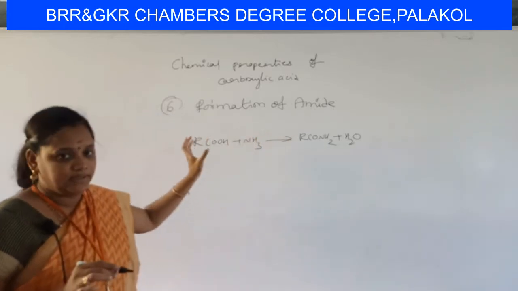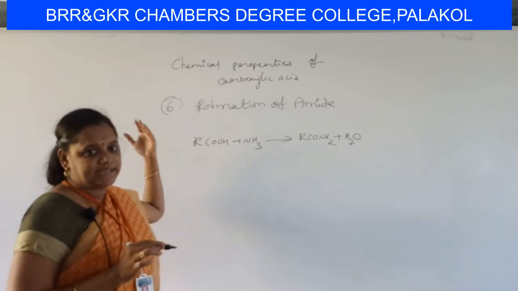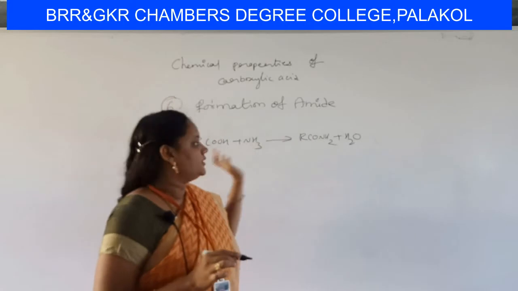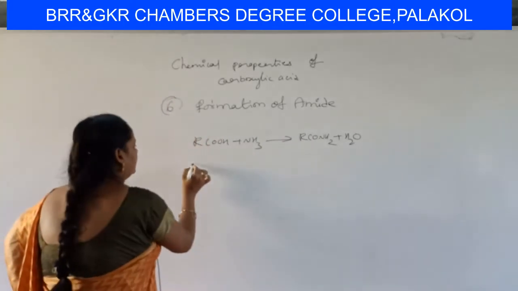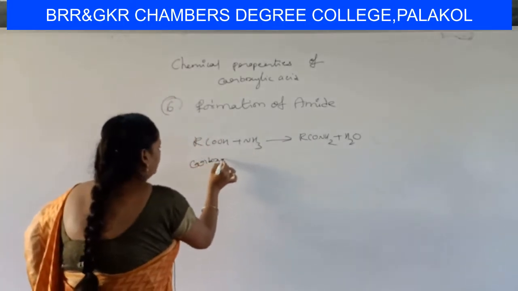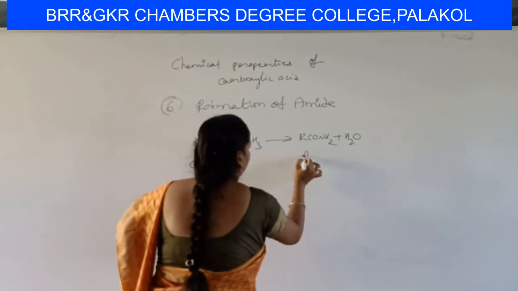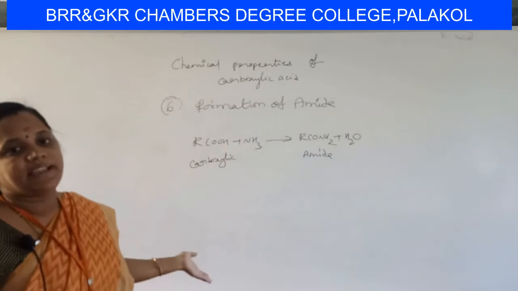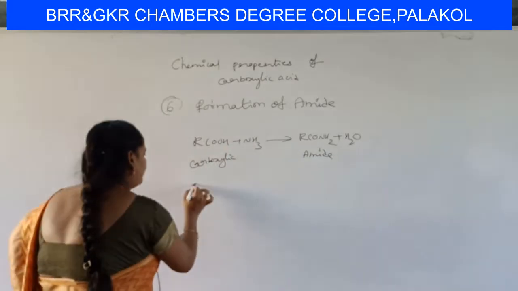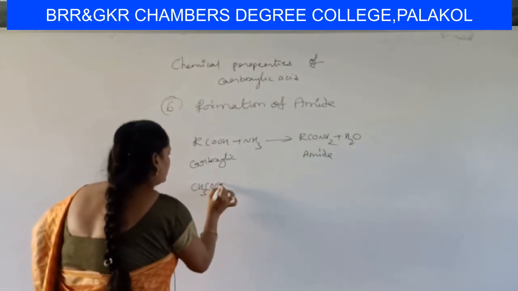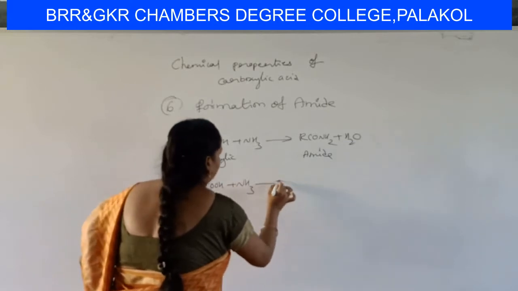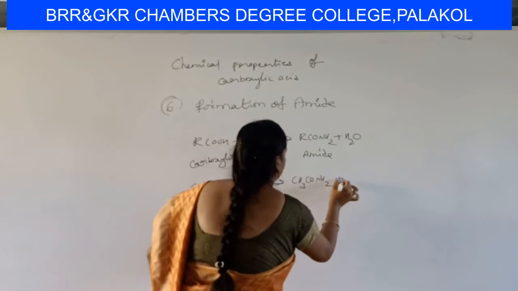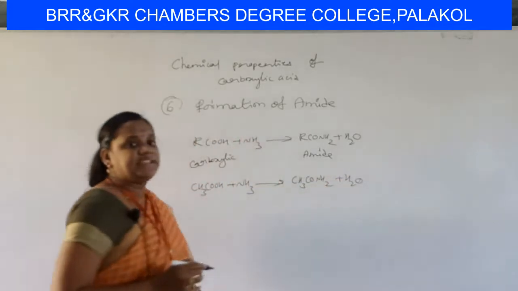If you treat it with hydrazoic acid, as in the case of the Schmidt reaction, you will get amines. But to convert carboxylic acid into amide, we use the reagent ammonia. Let me write the example with acetic acid. CH3COOH plus NH3 gives rise to CH3CONH2 plus H2O.